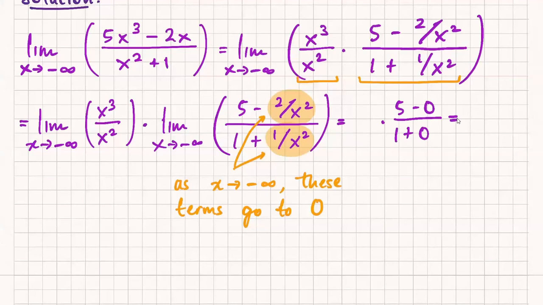Okay, now let's look at the first limit. So first of all, I can cancel, right? X cubed over x squared is just x. Now, what would you say is that limit?